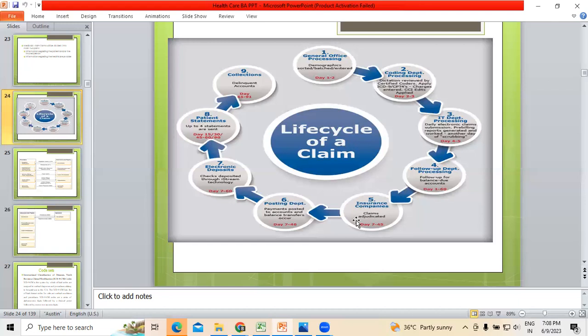The delay happens on two things. One is the cost of the procedure, the cost an insurance company has accepted versus the cost which the healthcare provider has submitted. If there is any difference between these two, this is when adjudication happens in most conditions. The second condition is the discharge summary. It will be prepared by someone and given to the patient, and the patient will walk out of the hospital.